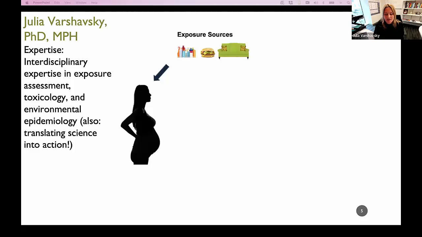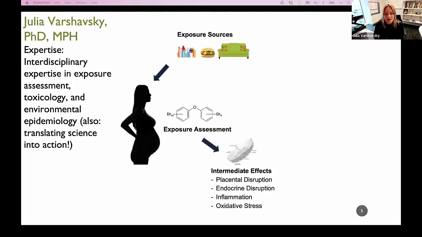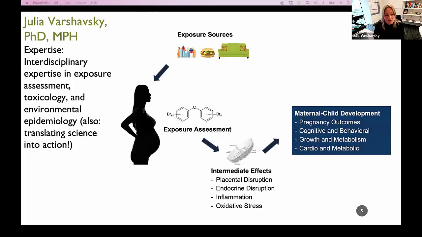So what I do is I look at exposure sources and how those relate to chemical levels in the body, how those chemical levels in the body impact or perturb biological pathways like placental disruption or endocrine disruption, oxidative stress and inflammation, then how those perturbations relate to clinical or subclinical outcomes, maternal child health outcomes, including pregnancy outcomes, cognitive and behavioral outcomes, growth and metabolism, or outcomes related to cardio and metabolic function.